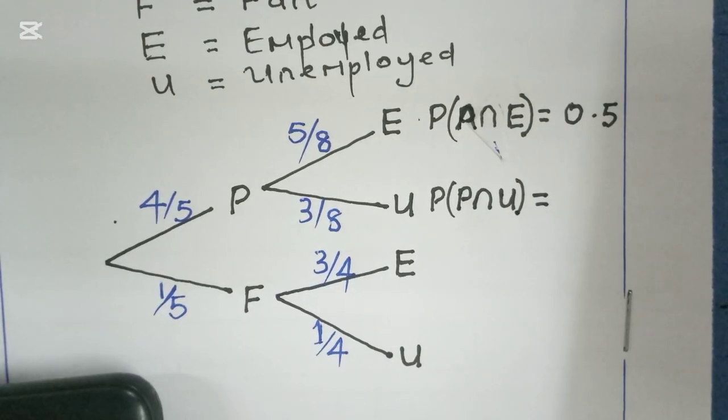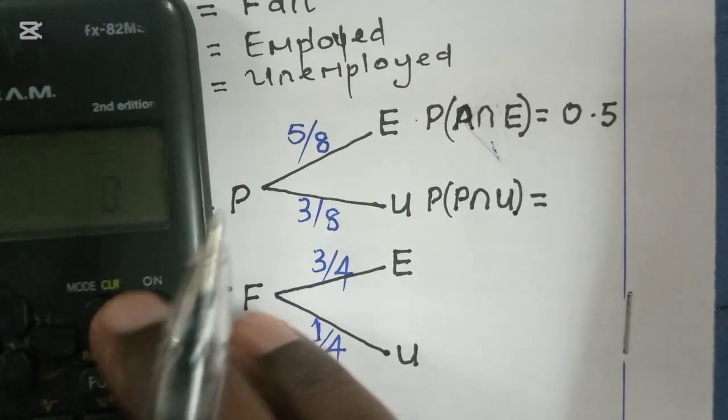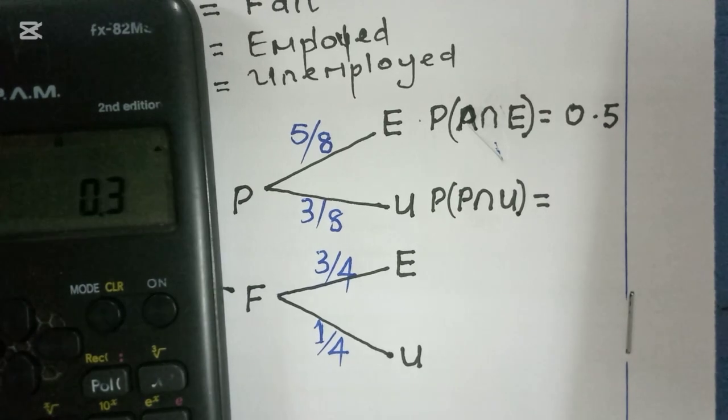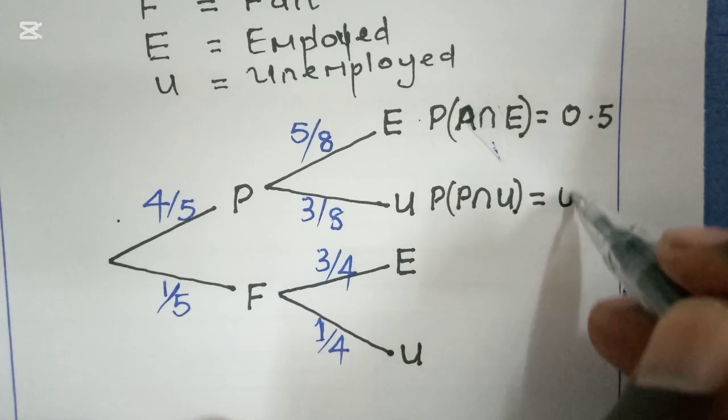That is 12/40, that is 12 divided by 40. So that gives us 0.3.